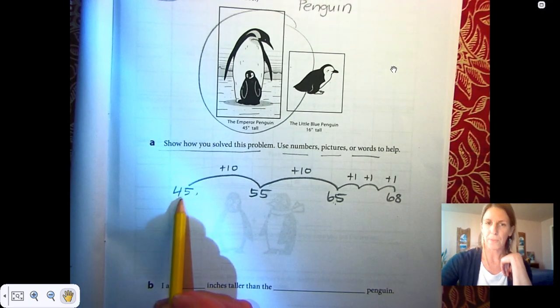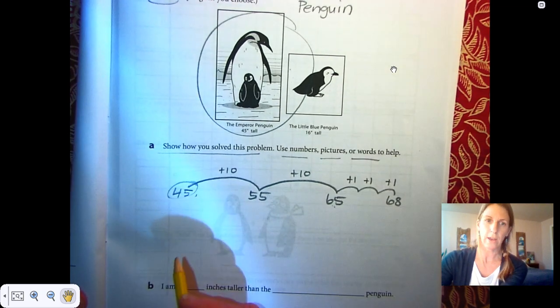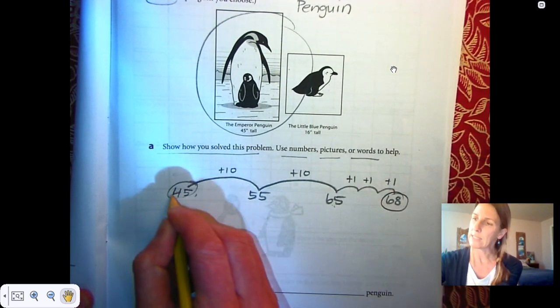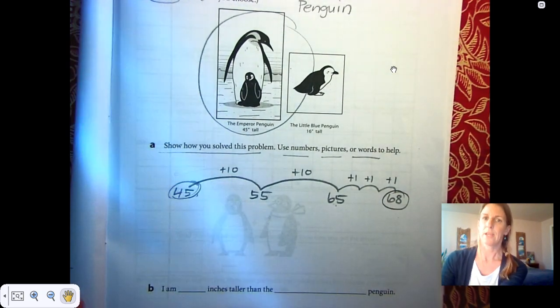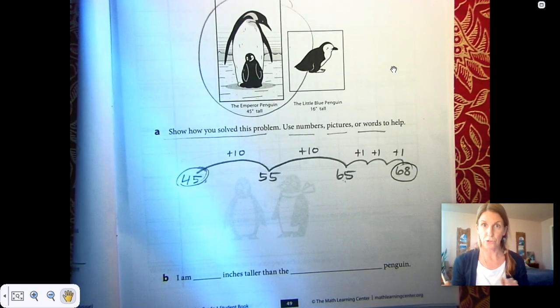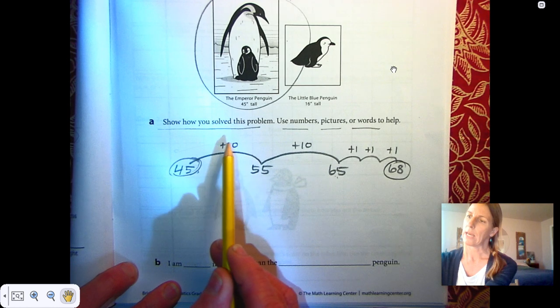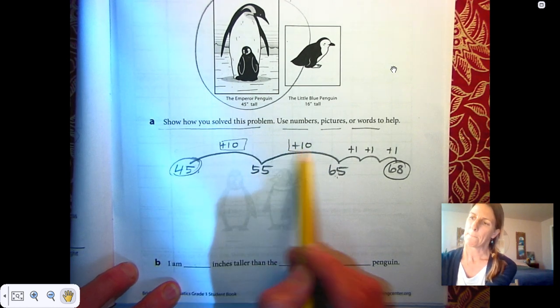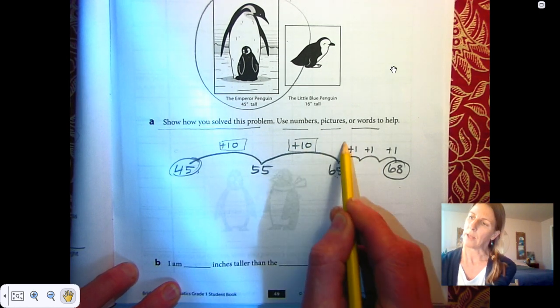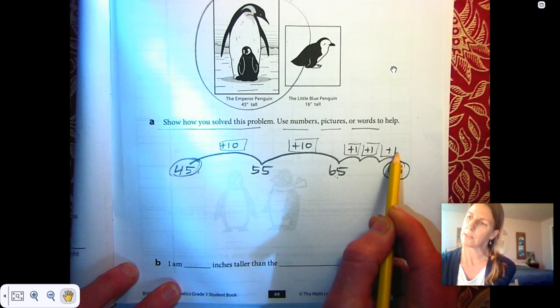So I figured out the distance or the difference between 45 and 68. And I'm going to add those jumps together right now. And I'm going to put my answer right here. So it's 10 plus 10 plus 1 plus 1 plus 1.